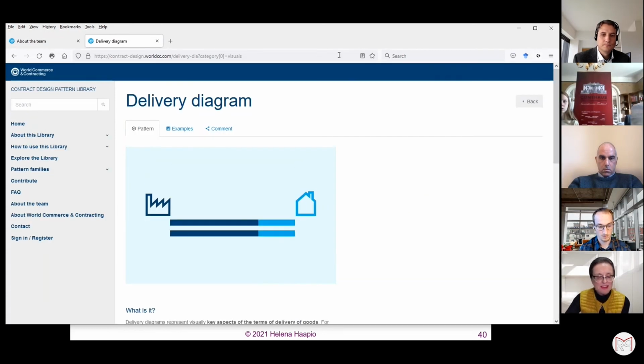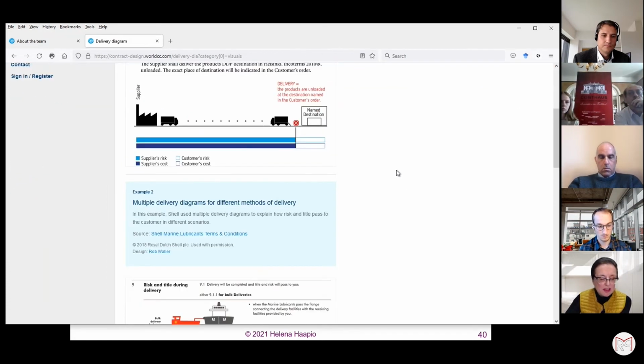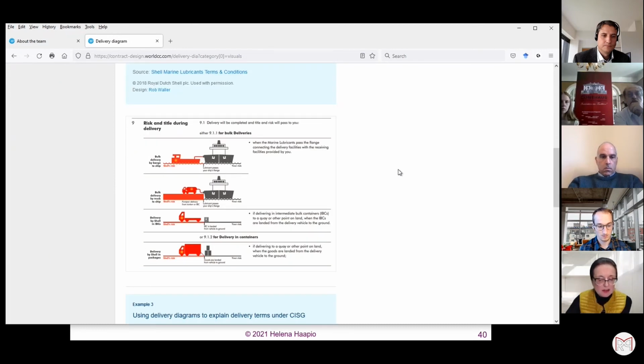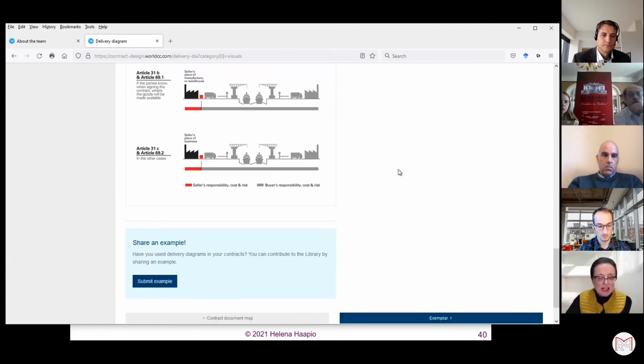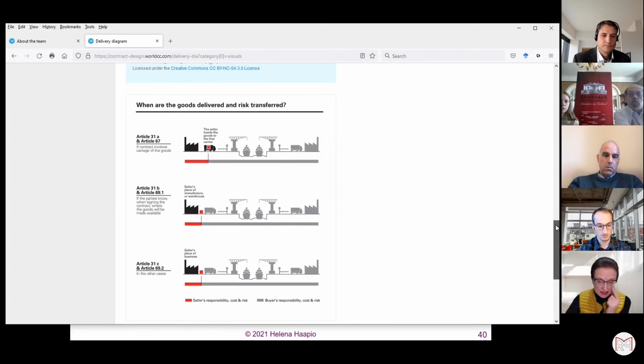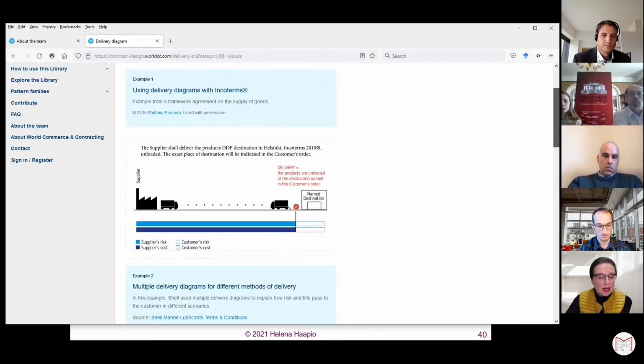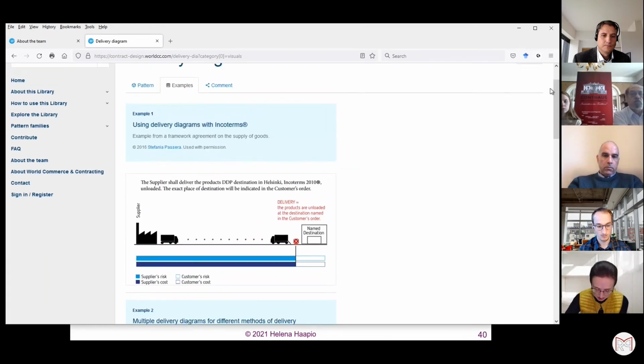And the best part is the examples, if you ask me. You can go and have a look at patterns in use. So here's a delivery diagram. There are the Shell examples there, and you can see others. We have had legal design jams and other contexts where we have created those, and many of them are actually in use.